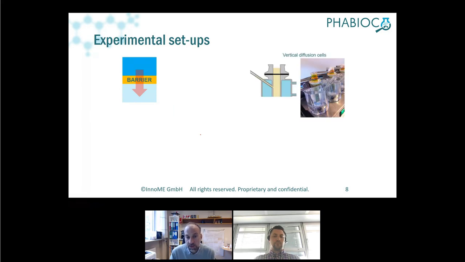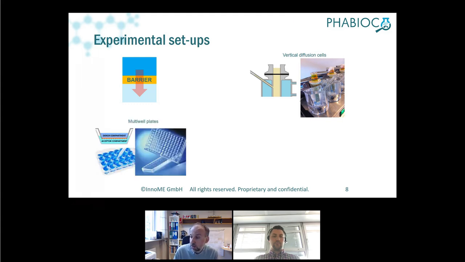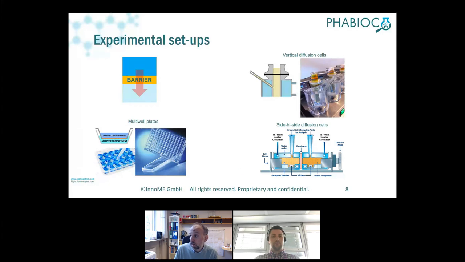For this type of permeability study, we have different types of setups. The important constant is that we have a donor compartment, a barrier, and an acceptor compartment. We can utilize vertical diffusion cells like the classical Franz cells. We can utilize multi-well plates, and we also can utilize different types of macroscopic diffusion cells like the side-by-side or Ussing chambers.